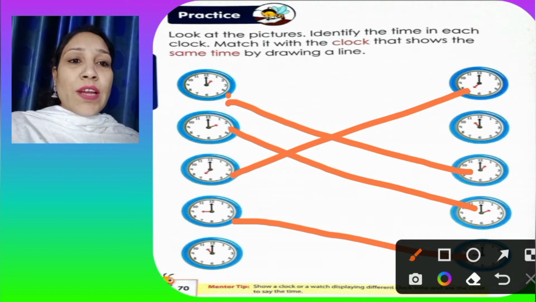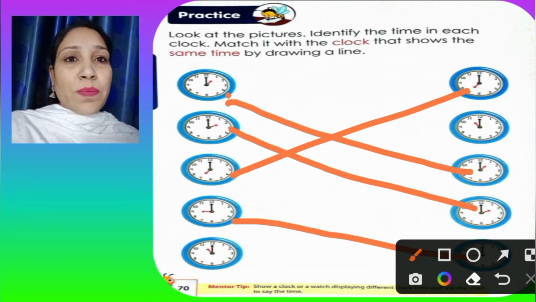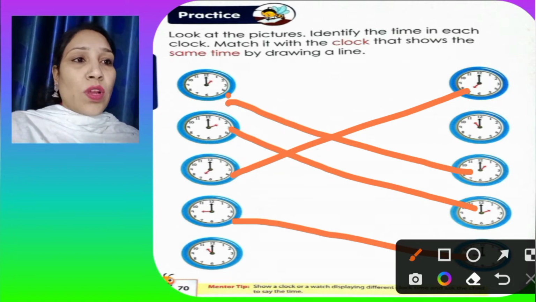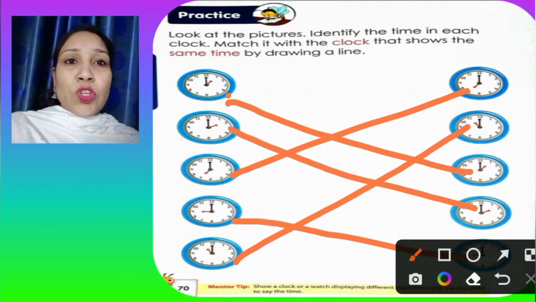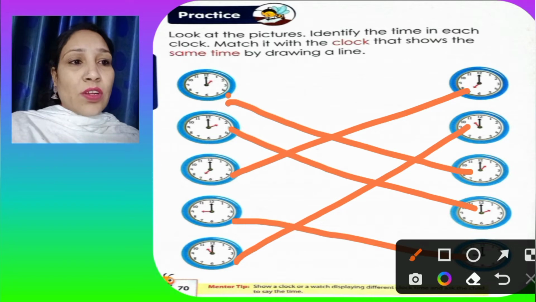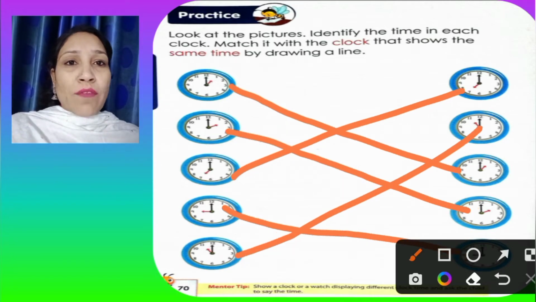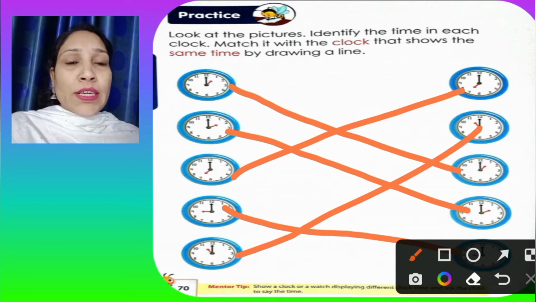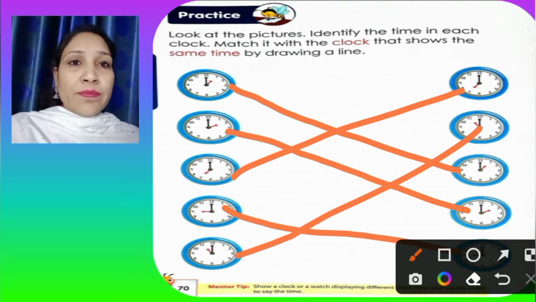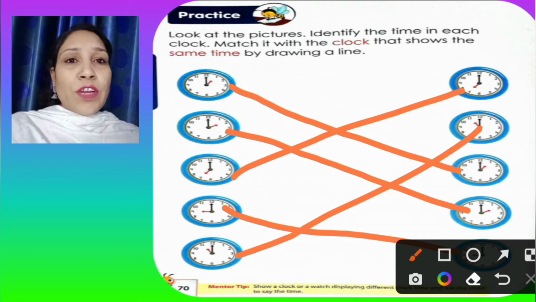Now in the next one, the clock is telling us the time 11 o'clock. Now you have to match it with the same time, 11 o'clock. You have to match like this. Okay. Students, you have to do page number 70 like this by matching the clock with the same time. Okay. Now we will do page number 71.